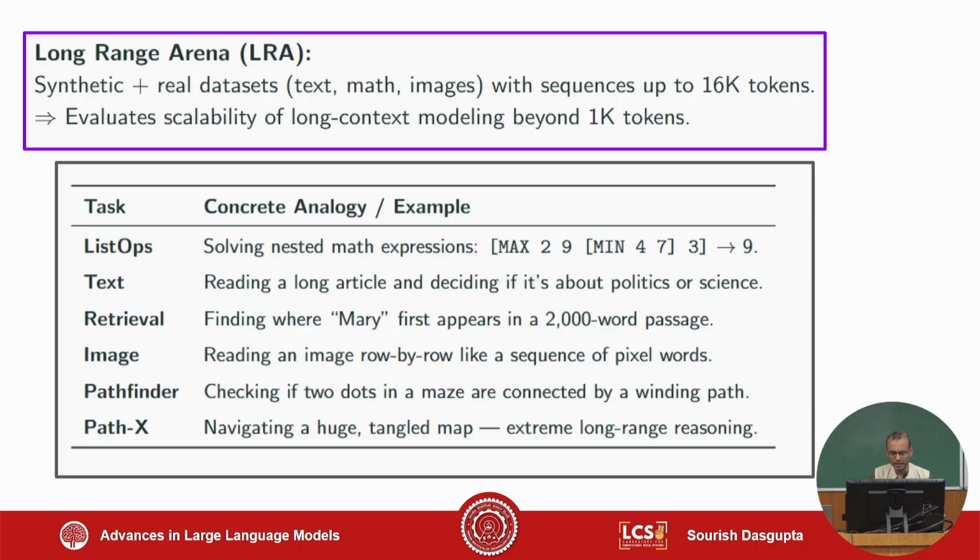Pathfinder is kind of like a puzzle sort of challenge, where you have to see whether two dots in a maze are connected via a winding path, and that sort of problem. PathX is an extension or more complex variation of Pathfinder, and you test the same thing. So you ask the model whether the two dots are connected through a very complicated winding path.